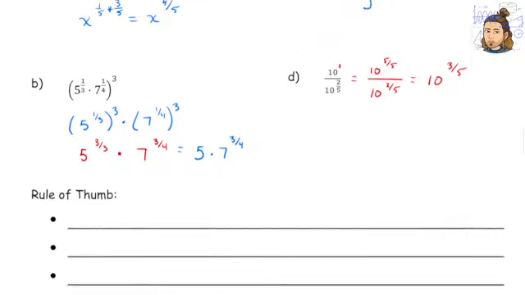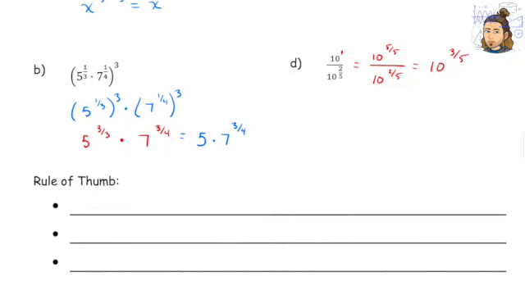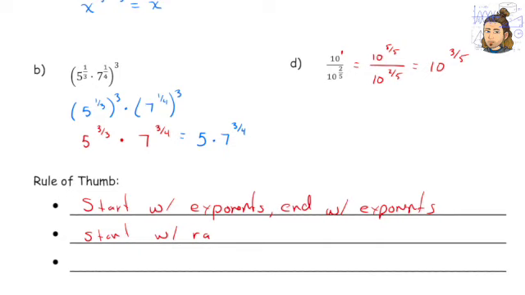So as a rule of thumb, whenever we're simplifying, if we start with exponents, we end with exponents. If we start with radicals, we end with radicals.